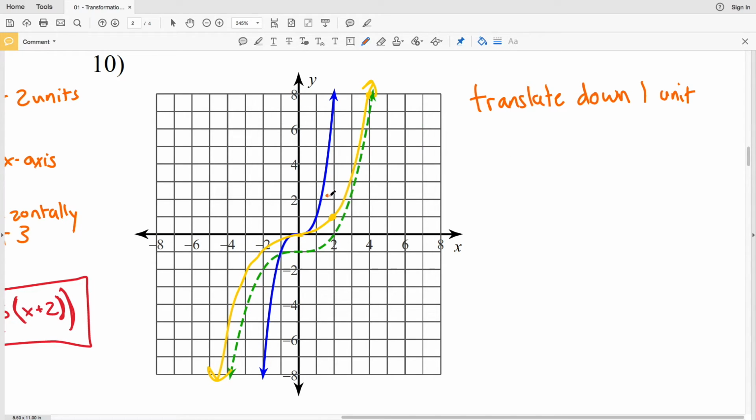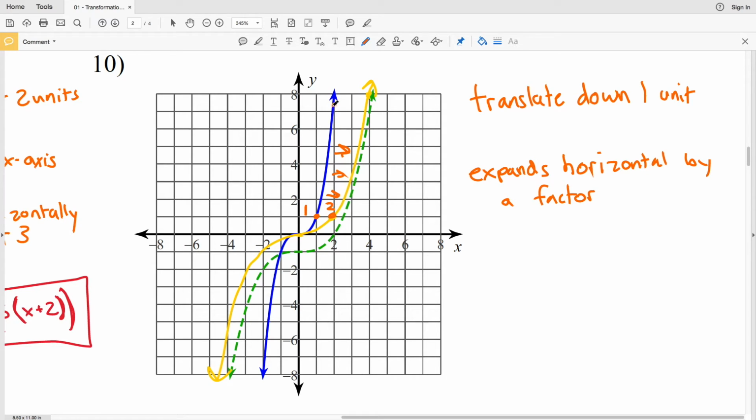And we can tell that this is expanded to get to g of x horizontally. So it's a horizontal expansion by a factor of, now we just need to decide what that factor is. Well, when we're at 1 in the x direction, that expands to 2 in the x direction.